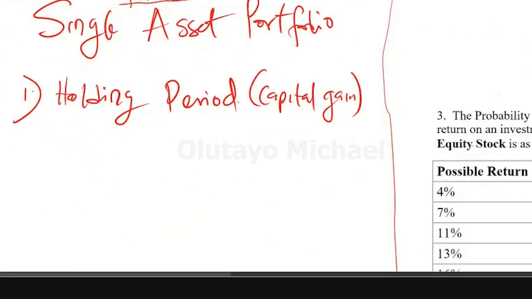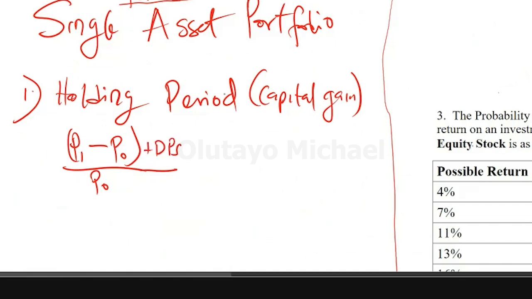When we say holding period, it has to do with what you gain while holding the company stock. To get this done, we say the price of year one minus price of year zero over price of year zero, right? And then we add dividend per share to this numerator.